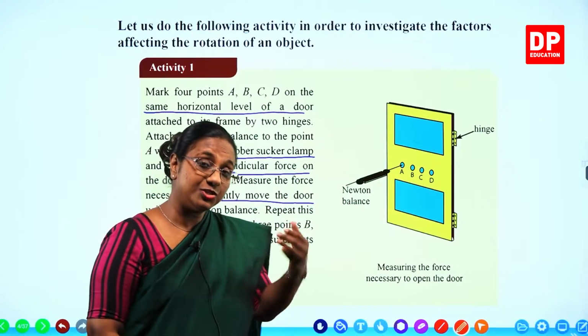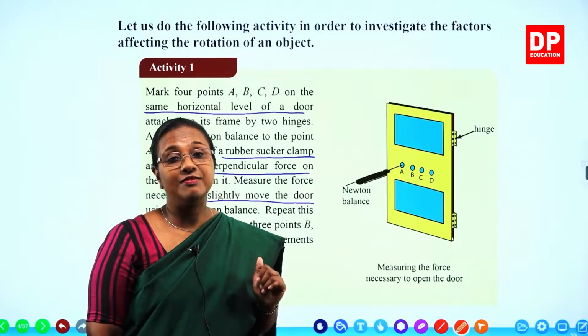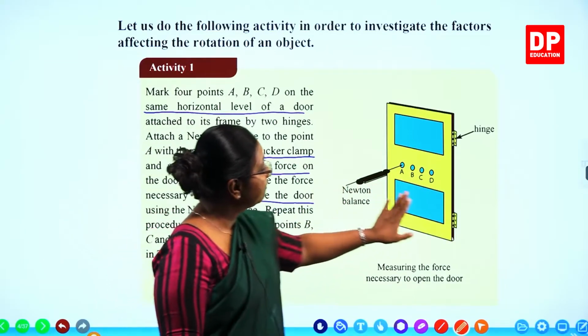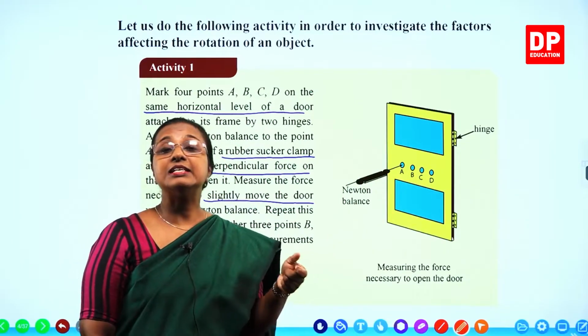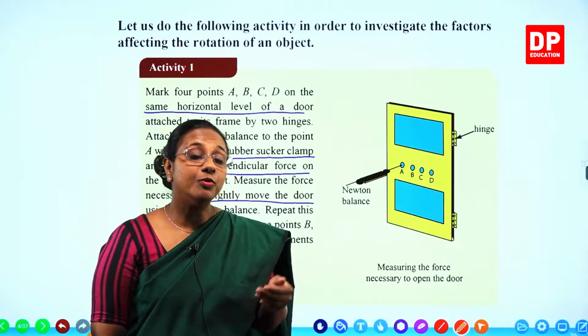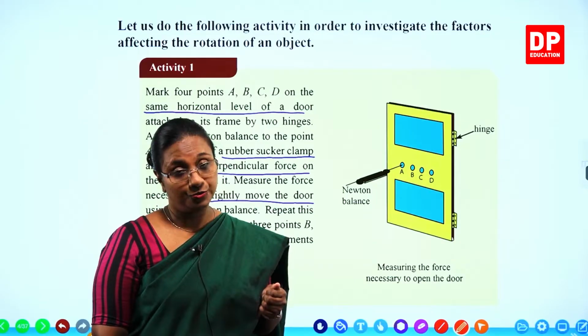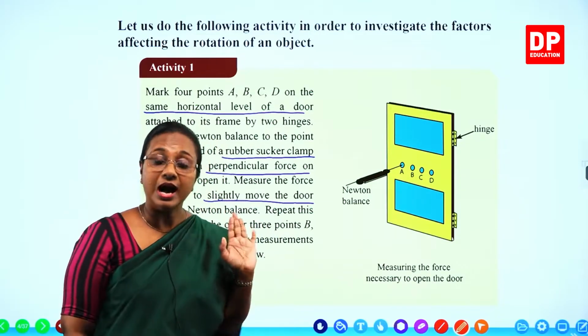That means if we want to open the door easily, we have to hold it at a certain point to make it easier to move the door. That is what we are trying to understand.